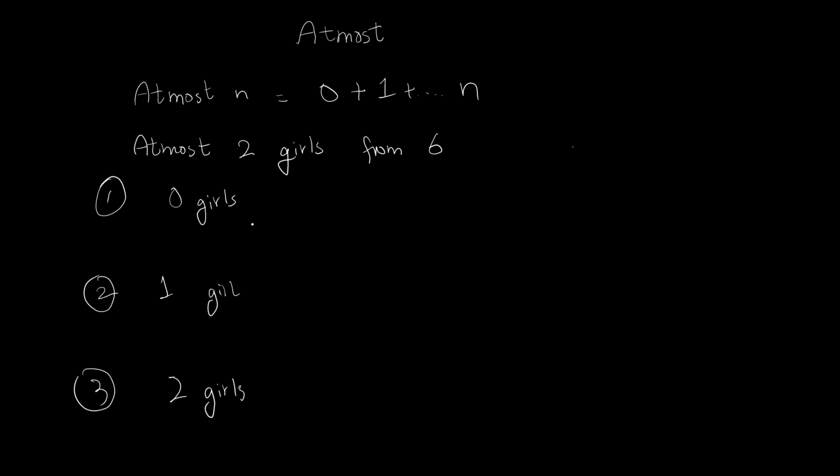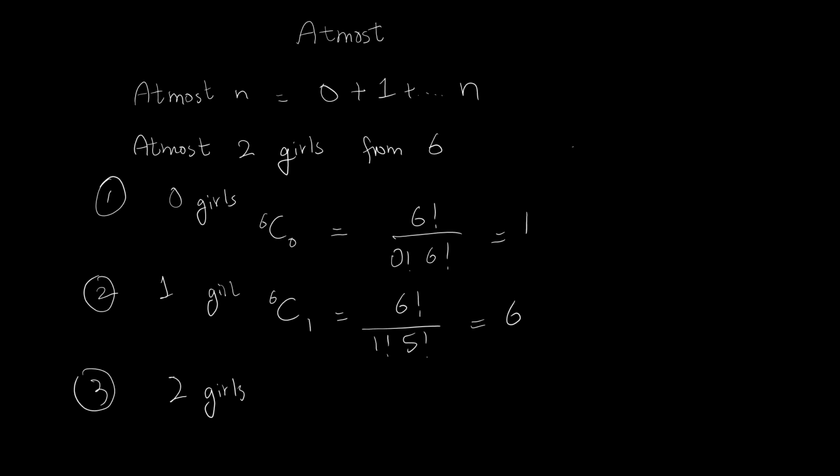So 6 factorial over 0 factorial times 6 factorial. It's just 1, so you don't actually have to solve it if r is 0, just write down the answer 1. Next we have r equal to 1, so 6 choose 1. After calculation, the answer is 6.